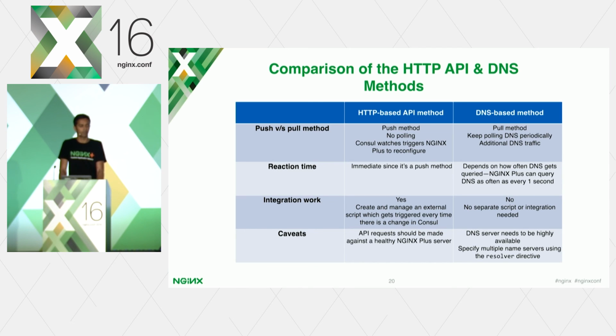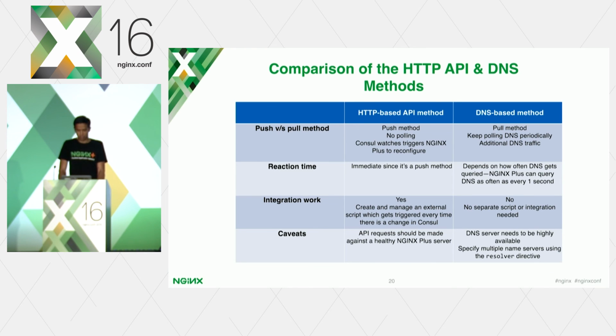So there's DNS traffic. As far as the reaction time, with the API, it's almost immediate since it's a push method. With the DNS-based method, it depends on how often NGINX Plus is querying the DNS. So again, the valid parameter, which I showed you earlier, how frequently the DNS is pulled, it will depend on that.